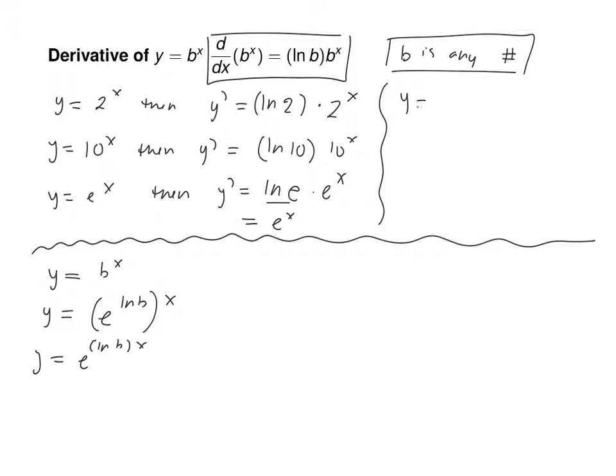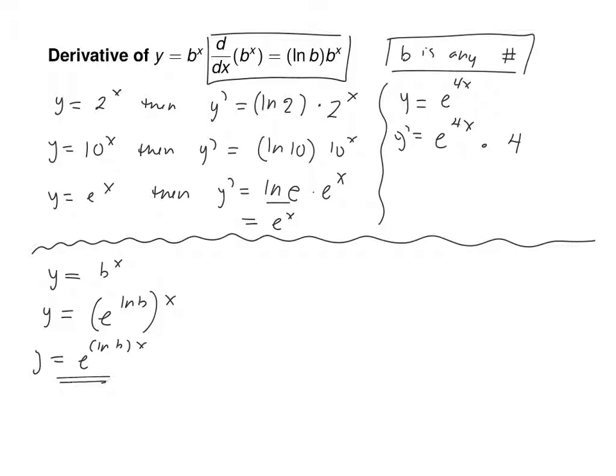If I gave you y equals e to the 4x, for example, what's y prime going to be from the chain rule? e to the stuff times the derivative of the stuff. It's just times 4. The derivative of e to the x is just e to the x, so e to the stuff's derivative is e to the stuff times stuff's derivative, and stuff's derivative is 4.